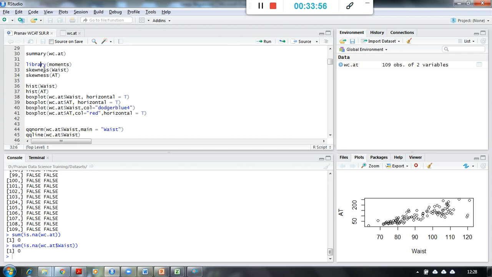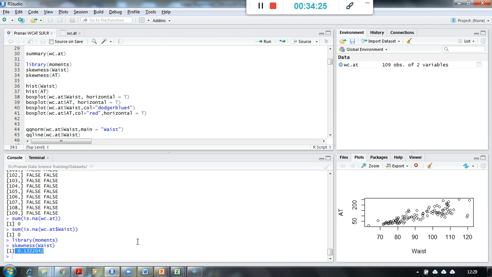To check the skewness, I can use the moments package. Whenever I want to use a package, because skewness is not an inbuilt function, while summary is an inbuilt function, I can call this package, and then use the skewness function which resides in the moments package. It gives 0.13, a positive value.